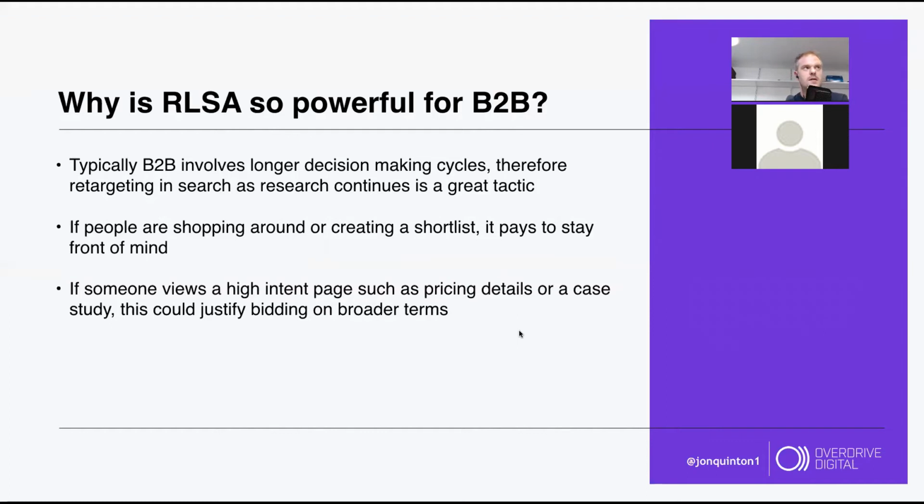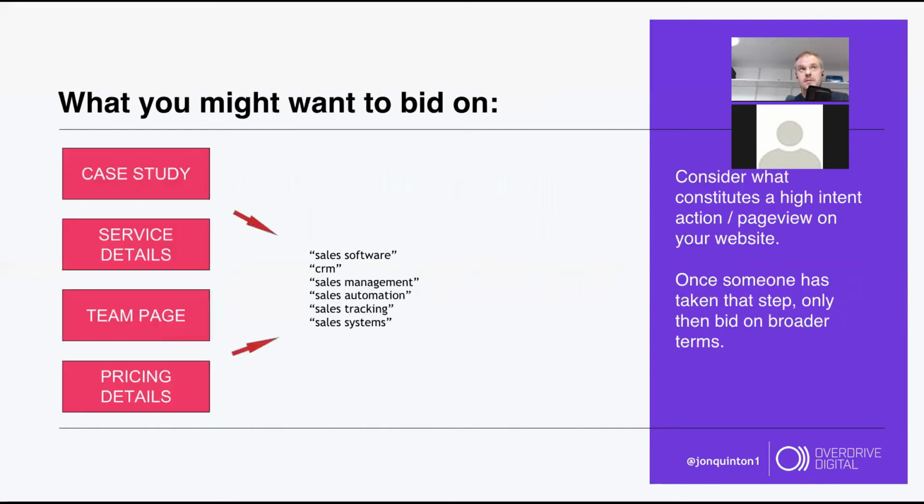So retargeting for search is when I'm saying I only want to bid on that keyword if someone's taken this action on my website. So if someone is viewing my case studies and then going back to search, that's when I want to bid on the keyword. That's great if people are shopping around. It's good if people are viewing high intent pages and you want to stay front of mind. I think this is a really important point for B2B.